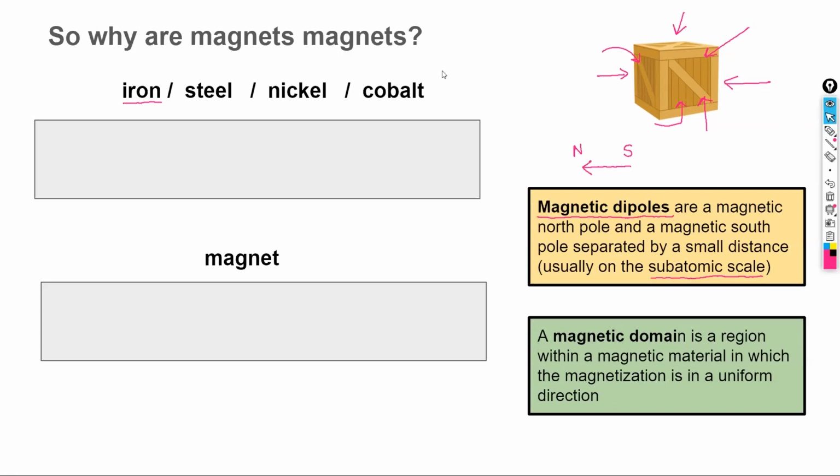In fact, the forces start to act against each other. So that means when you put iron, steel, nickel, and cobalt underneath a microscope, you're going to see dipoles, but the dipoles are going to be in different directions.